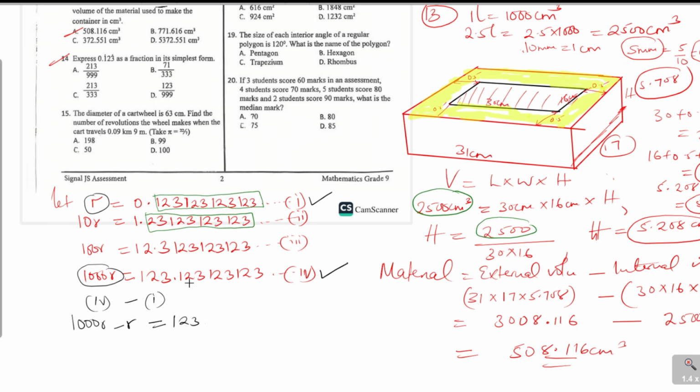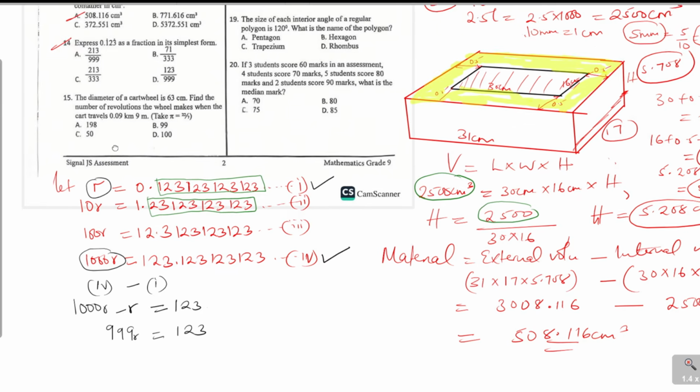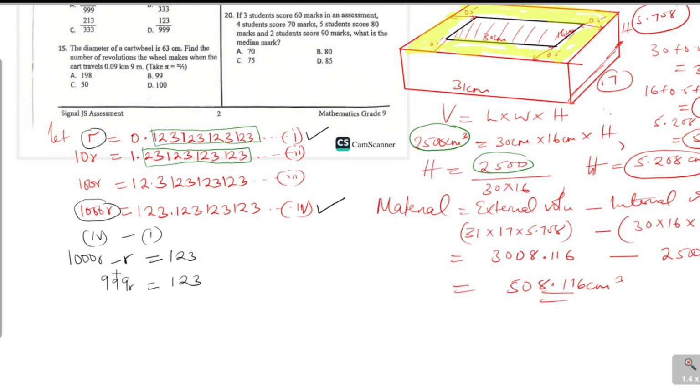123.123 subtract 0.123 gives 123. So 1,000r minus r is 999r, which is equal to 123. Remember, the fraction that you are looking for is r. So how do you get r? By simply dividing both sides by 999.